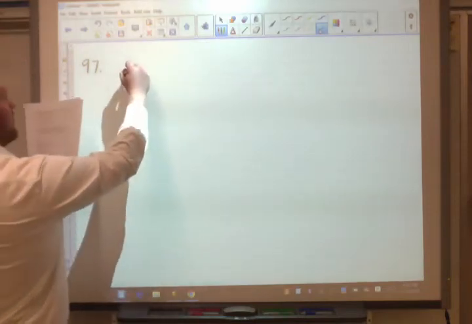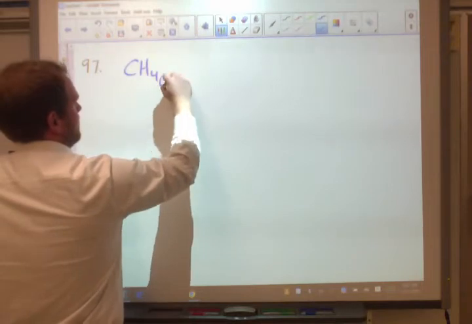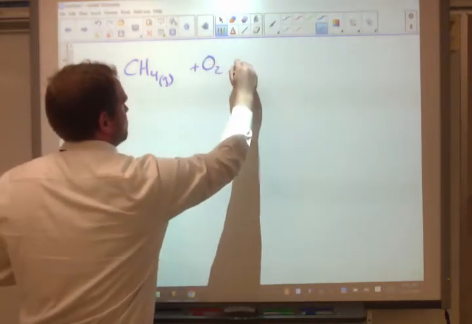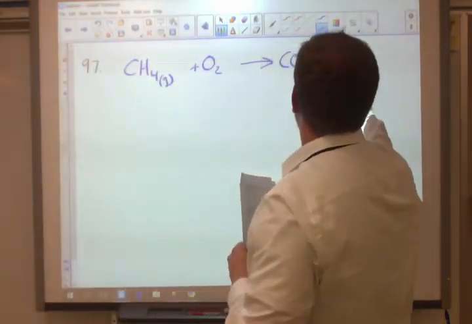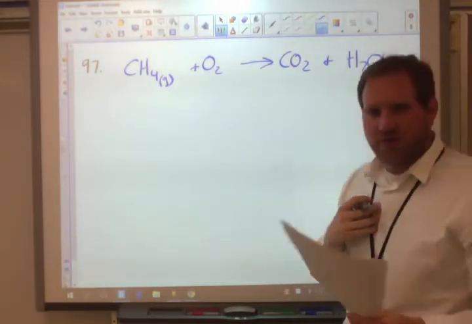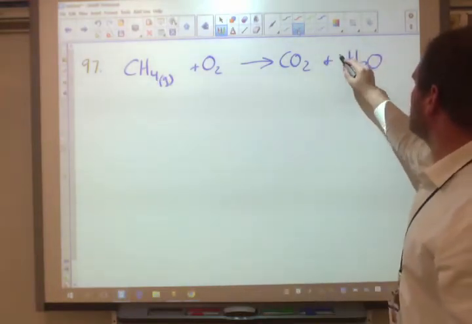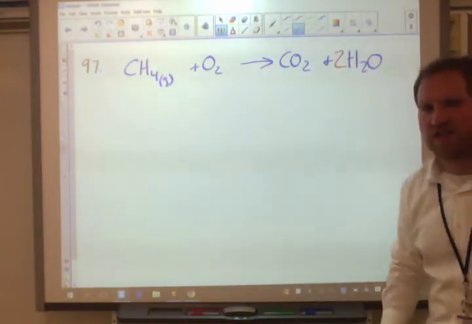All right, so we have to write out our balanced equation. CH4 methane. When things combust, they react with O2 gas to form CO2 plus H2O. Now we need to balance. I always start with my hydrogens. 4 and this makes 2. Now if I put a 2 here, I always want to check evens and odds.